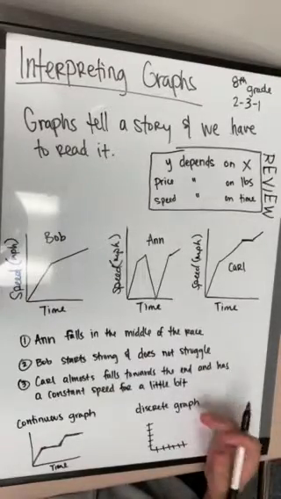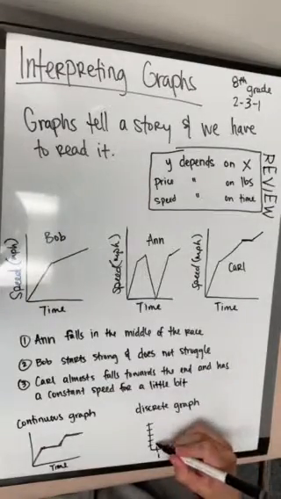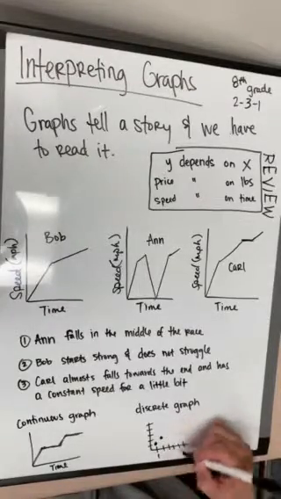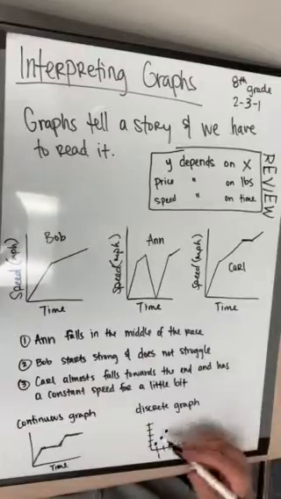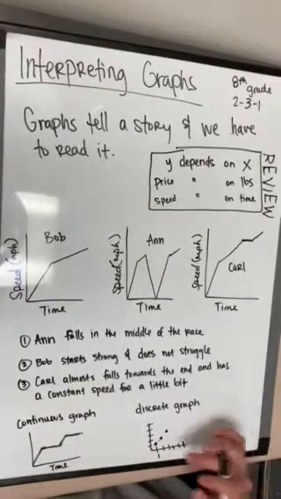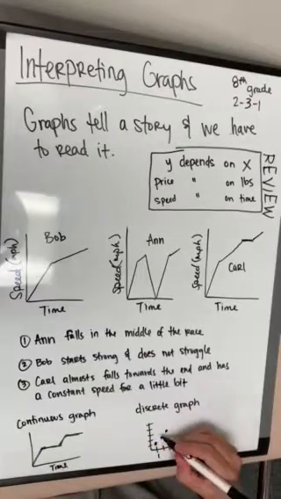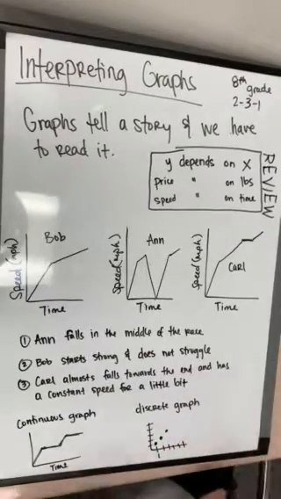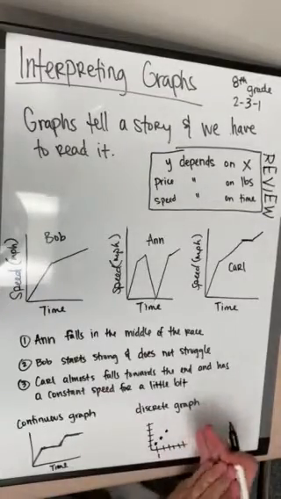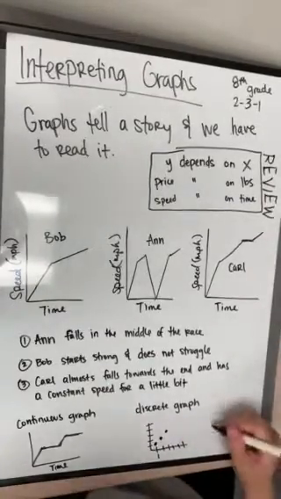Anyway, doesn't matter. If you buy one song, you have to pay this much money. If you buy 2 songs, you have to pay this much money. If you buy 3 songs, you have to pay this much money. There is nothing in between because you can't buy half a song. And so because of that, it's broken up: this is for 1, this is for 2, this is for 3.